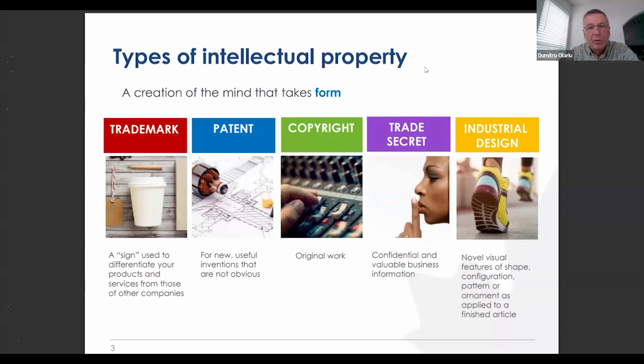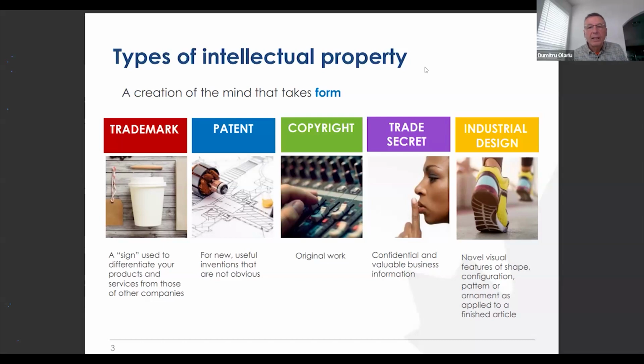These are the main types of intellectual property that you'll find in Canada. You also have a more specialized form of intellectual property, like plant breeders' rights or integrated circuit topographies or personality rights. We will not cover them during the presentation. However, you find information about all these rights on our website, as I mentioned.